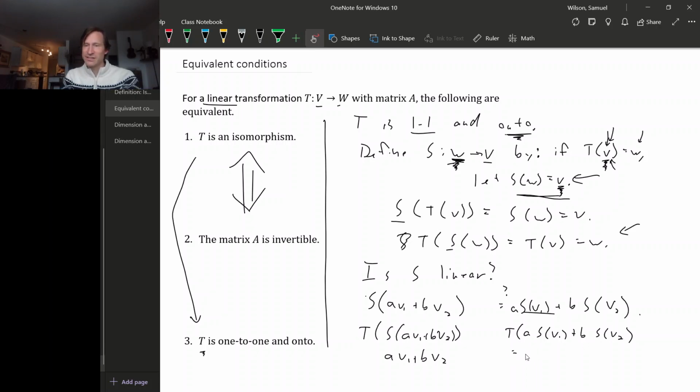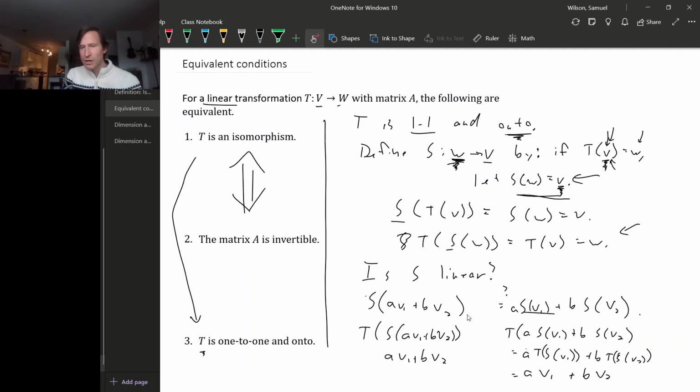So this is A times T of S of V1 plus B times T of S of V2. But again, T and S are inverse functions, so T of S of V1 is V1, and B times T of S of V2, that's V2.